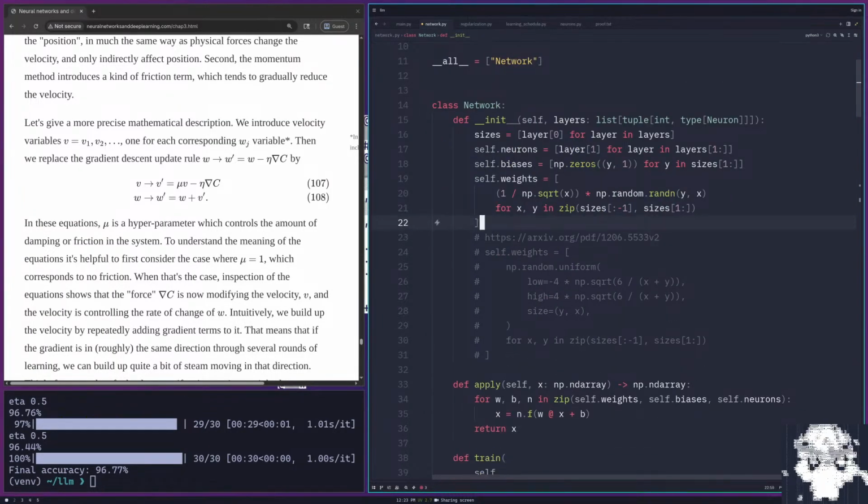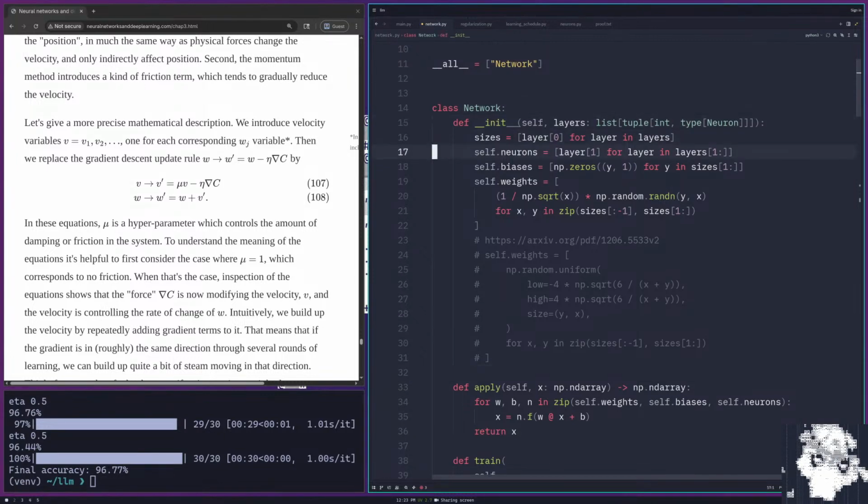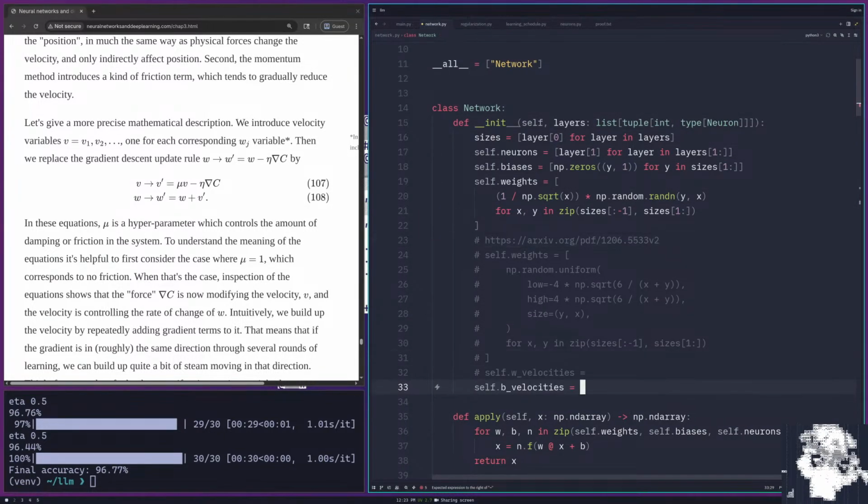Maybe I'll set them up here. What do they start as? Maybe they can start as 0.